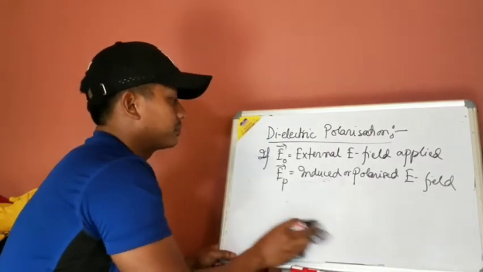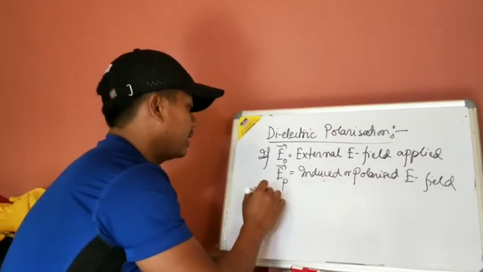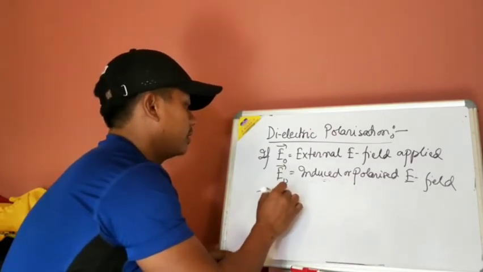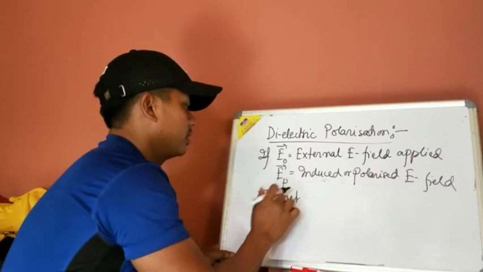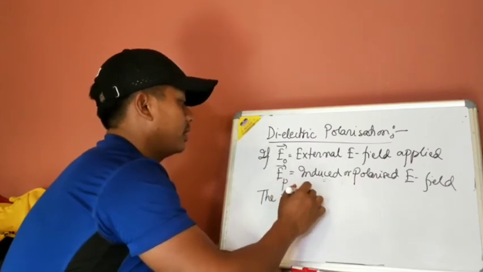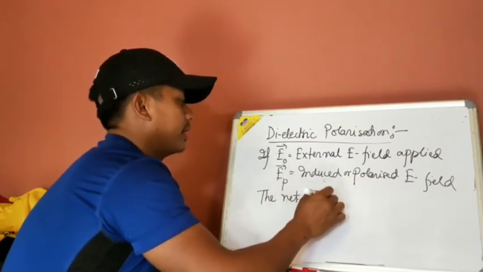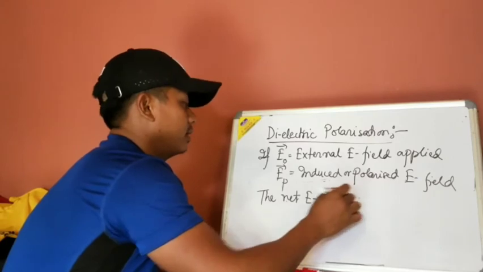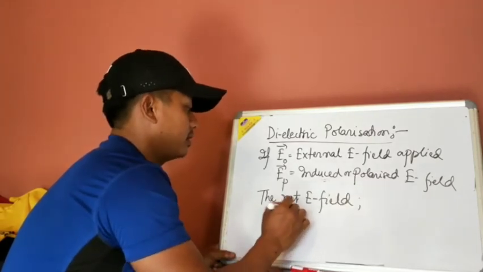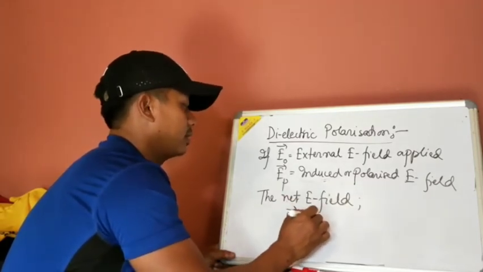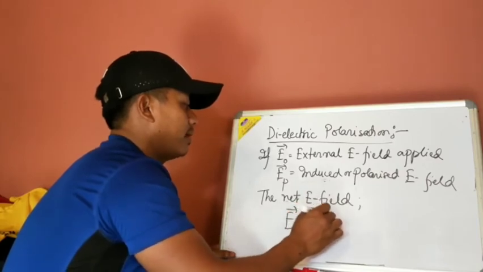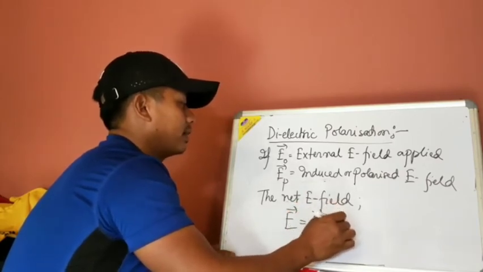So the net electric field, the resultant E vector, will be nothing but E naught vector minus EP vector.